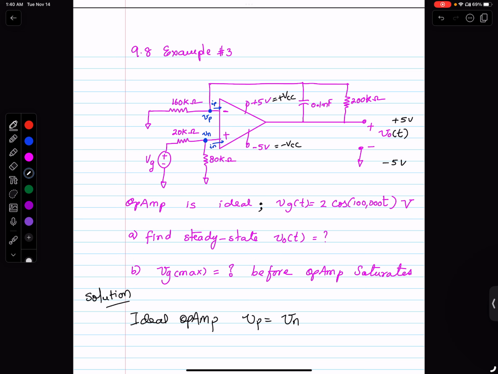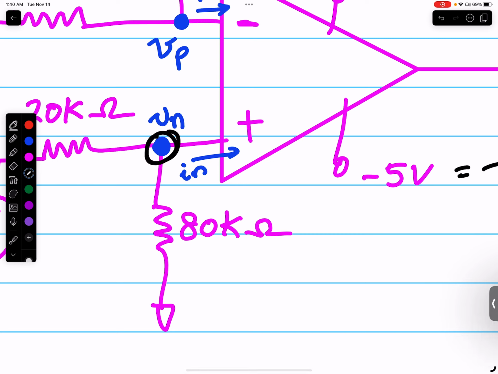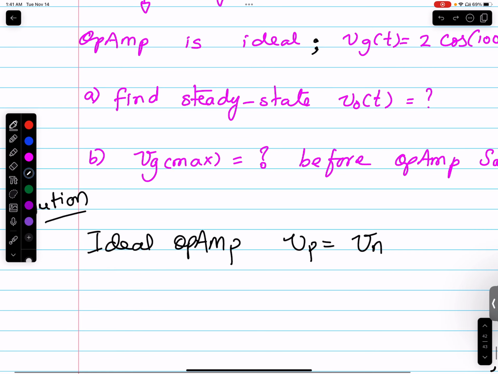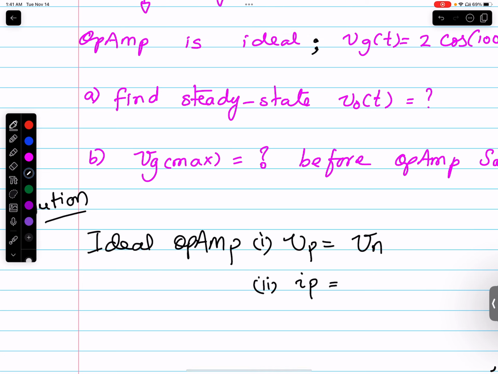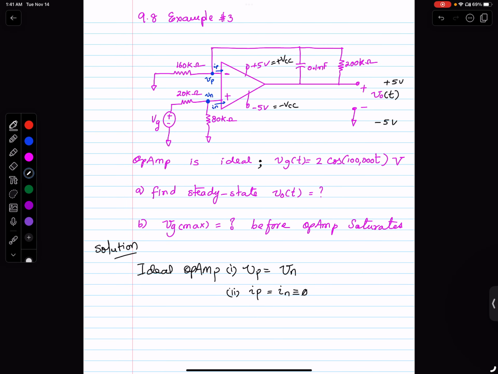That's the virtual ground, virtual short. Whatever voltage is here magically shows up there. That's the first rule. The second rule of op amp, I'm reminding you, is that the current going into the op amp, IP and IN, is really zero. There is no current going into the terminals of the op amp.